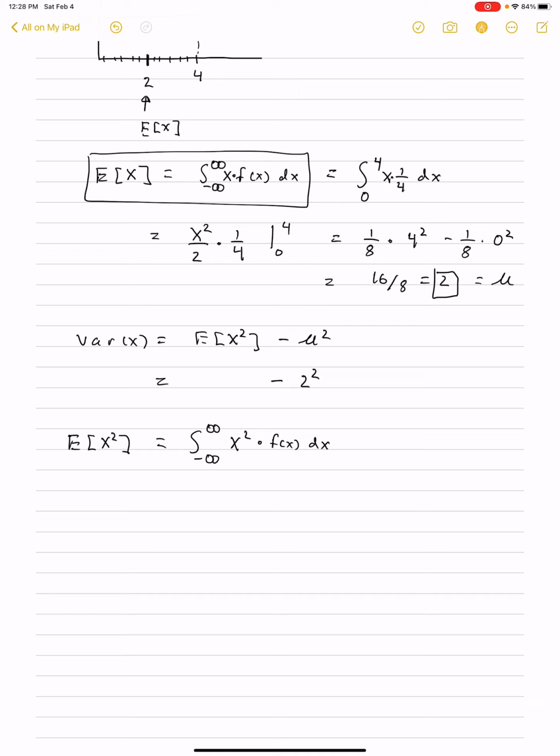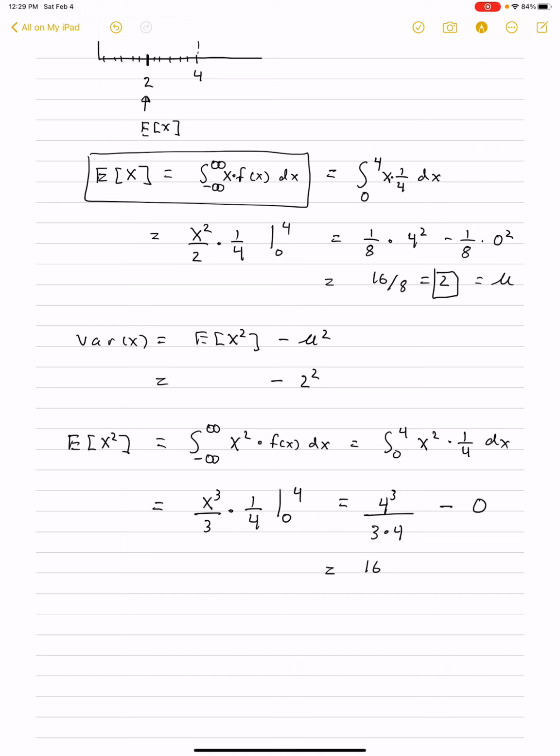Okay. And we're going to get integral from 0 to 4, x squared over 4 dx. We'll integrate the x squared and we'll get x cubed over 3 times 1/4. Evaluate at 0 and 4. We'll plug in the 4, we'll get 4 cubed divided by 3 times 4, minus, when we plug in 0, everything's 0.